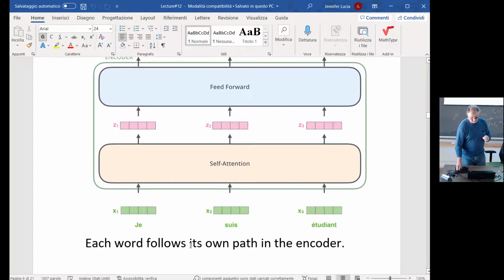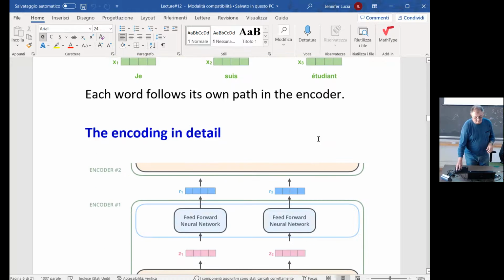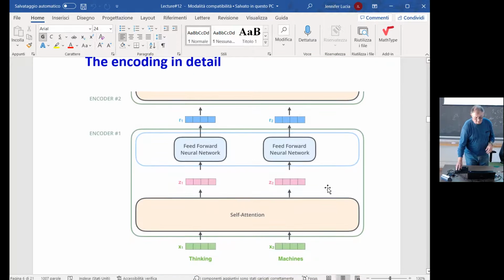Each word follows its own path in the encoder. So je suis étudiant again, then self-attention, they produce some results, Z1, Z2, Z3. What is this result? We shall see this. The encoding in detail, encoder 1.